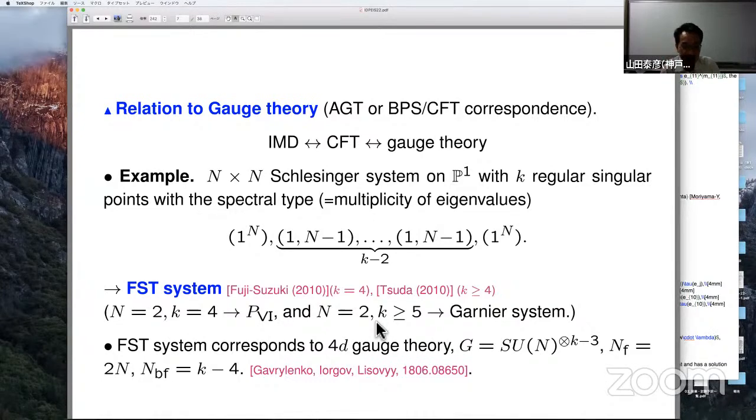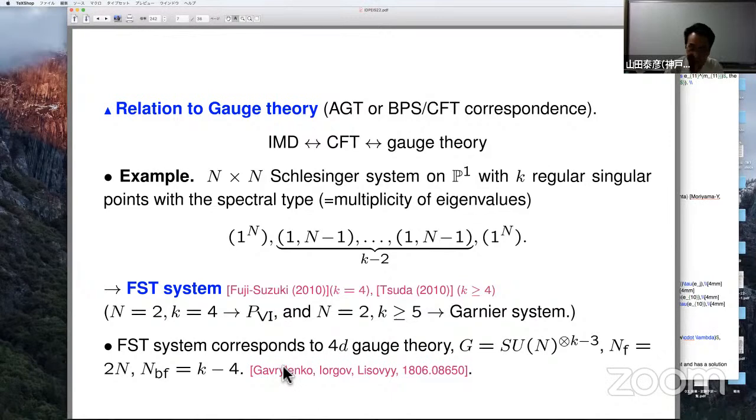And on the gauge theory side, this system corresponds to the 4-dimensional gauge theory with SU(n) quiver gauge group and 2n fundamental matter and k-4 bifundamentals. And the so-called Kiev formula is known also for this system.